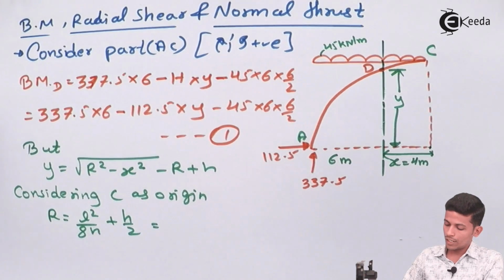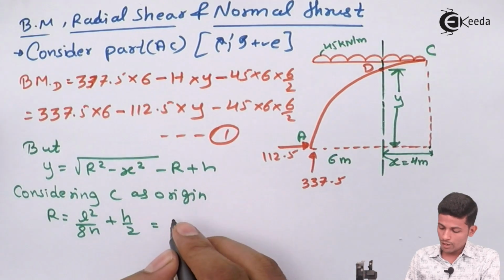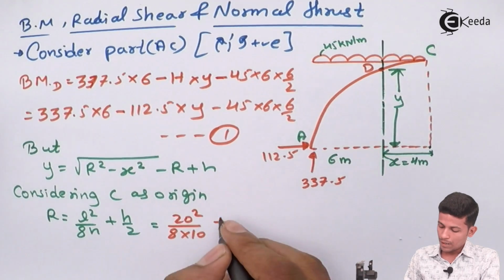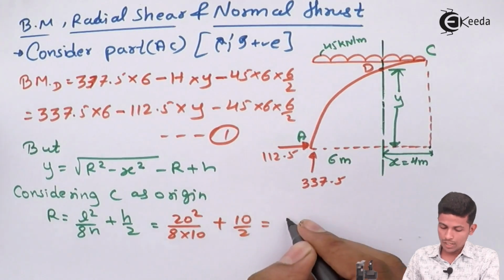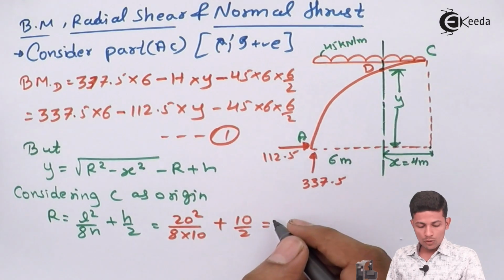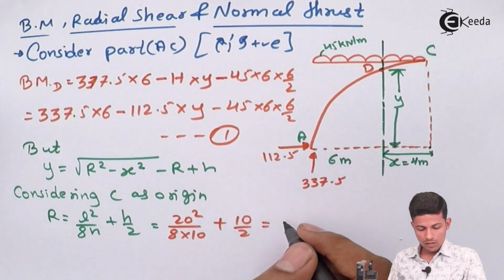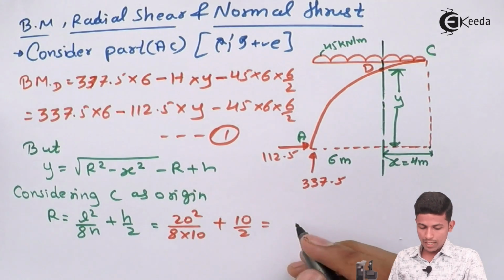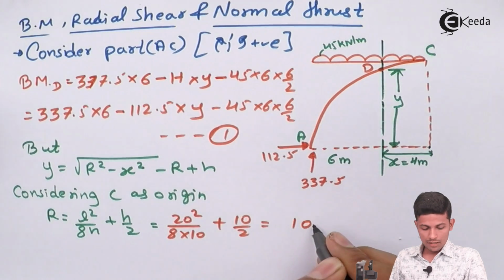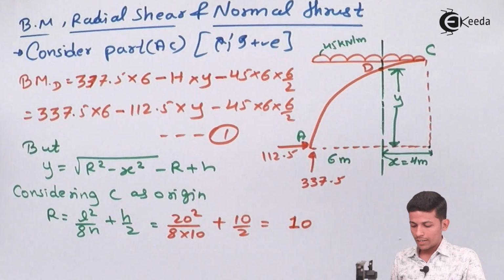Now put the value over here. L, the total L, is 20 square upon 8 into 10 plus 10 by 2. We got the value of r as 10. Okay, r comes out to be 10.